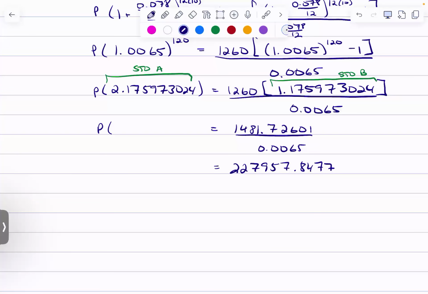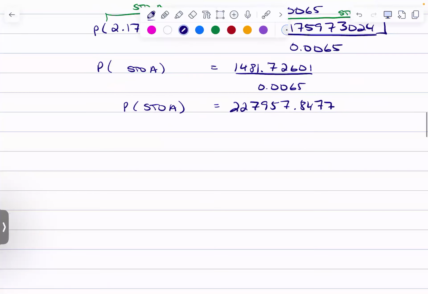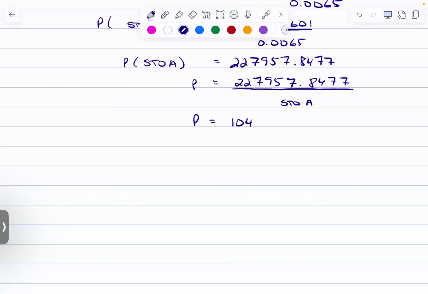And that's P times whatever is stored in A. Which means P must be 227957.8477, which is still on my screen. So then I'm going to divide by whatever is stored in A, recall A. I get P of 104,761.339.